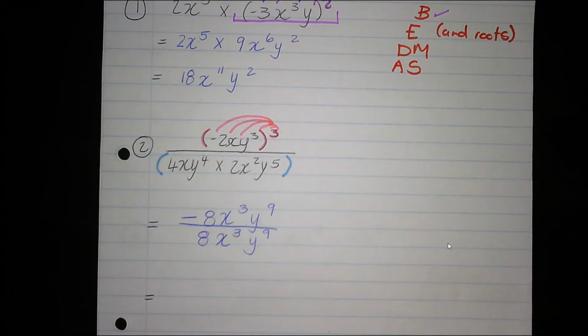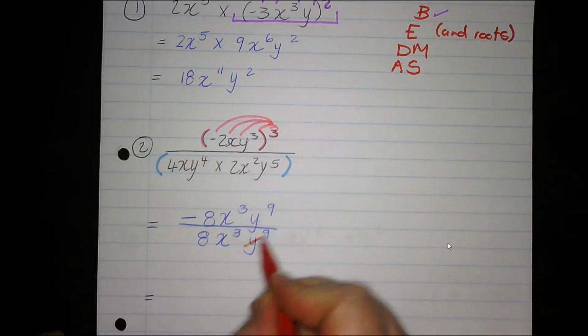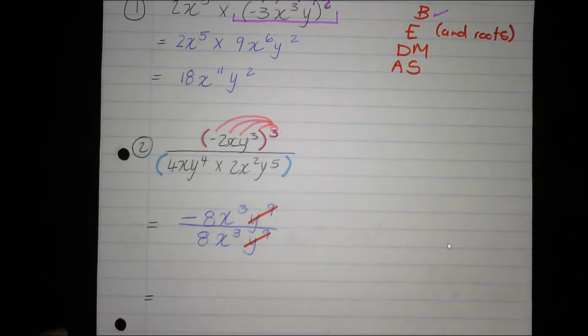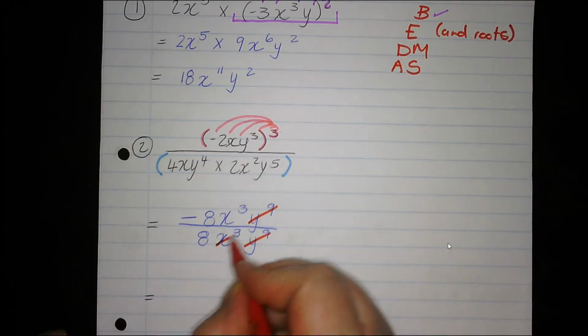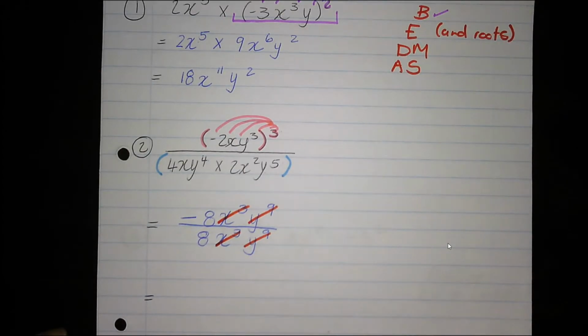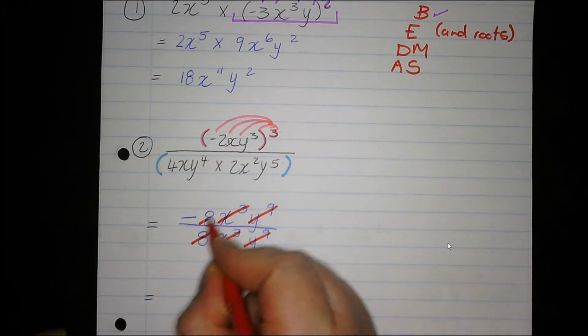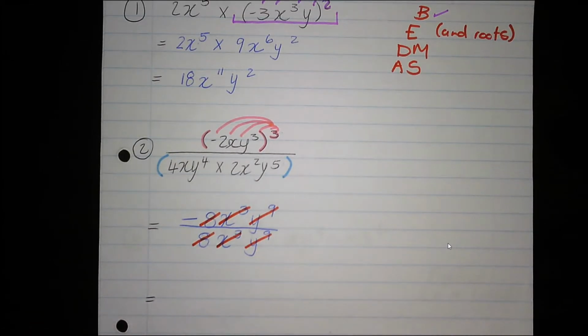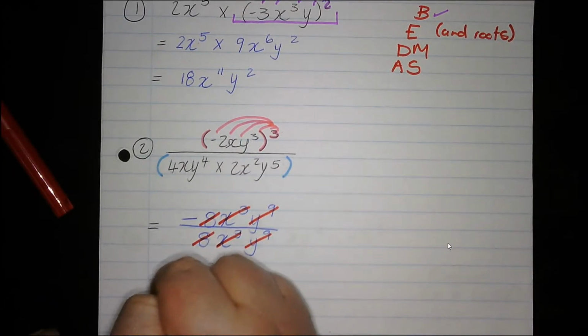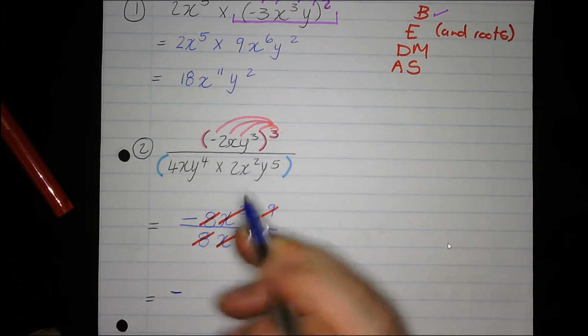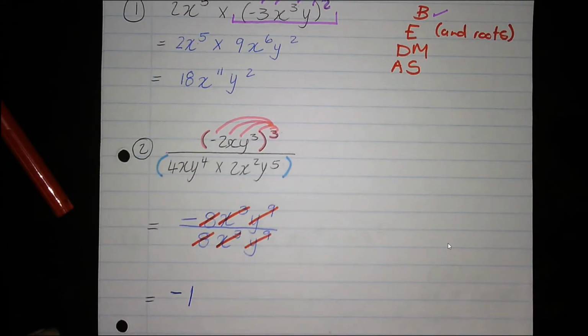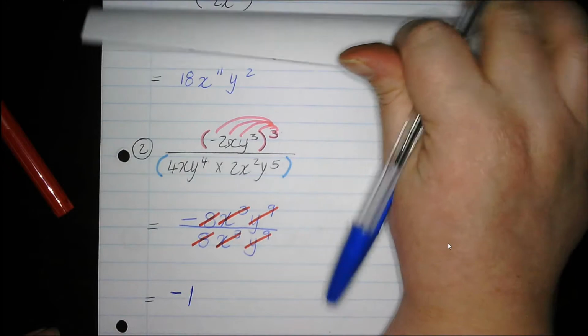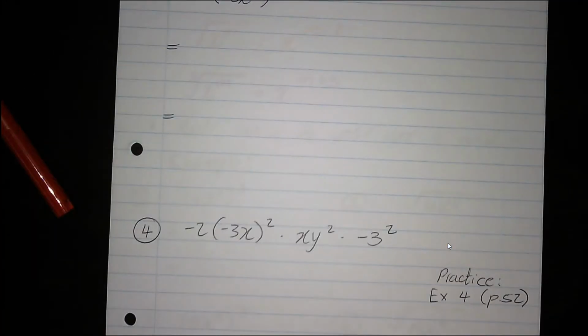The y to the power 9 and the y to the power 9 cancel each other out. The x cubed and x cubed cancel each other out. The 8 and the 8 cancel each other out, so we're left with negative something. Negative, and then 8 divided by 8 is 1. Anything divided by itself is 1. So our answer is negative 8. Negative 1, apologies.